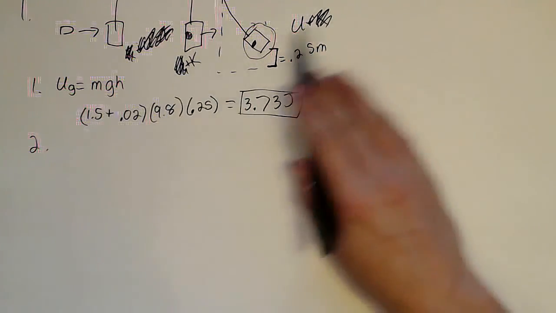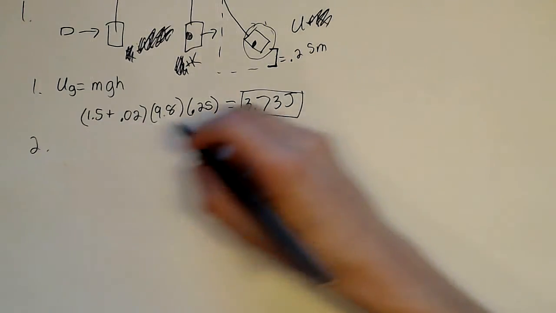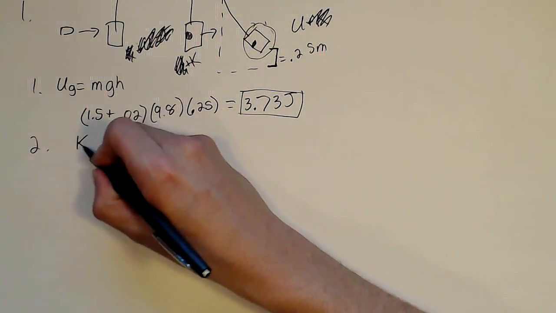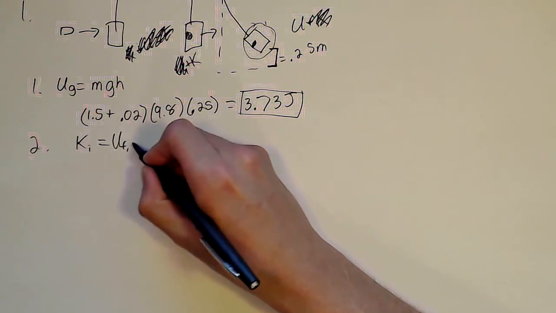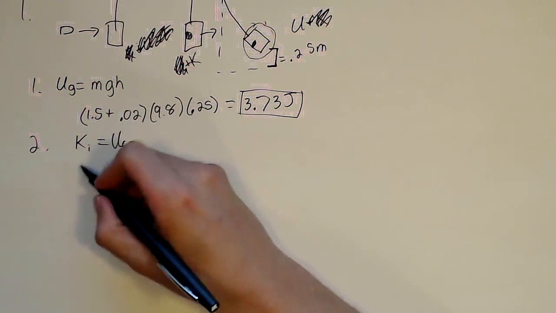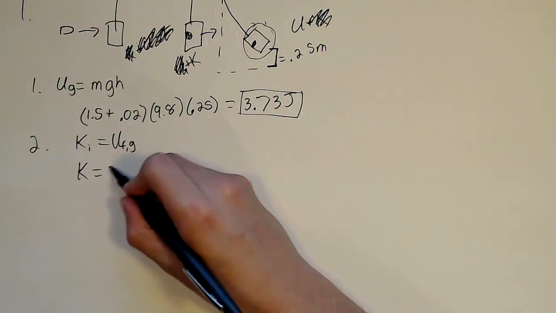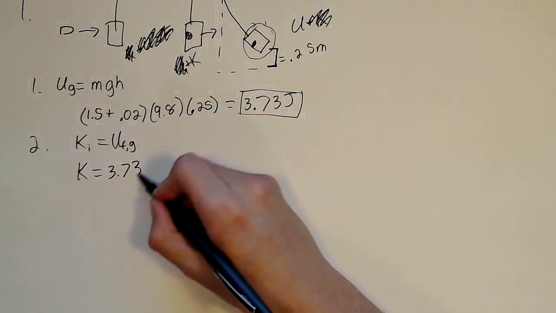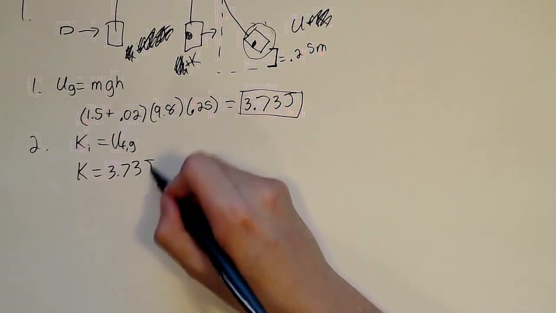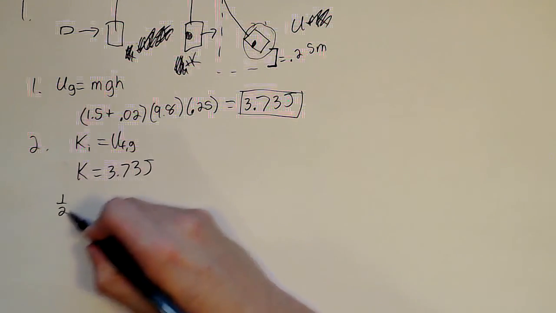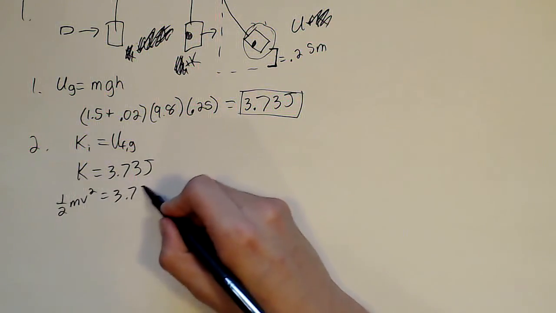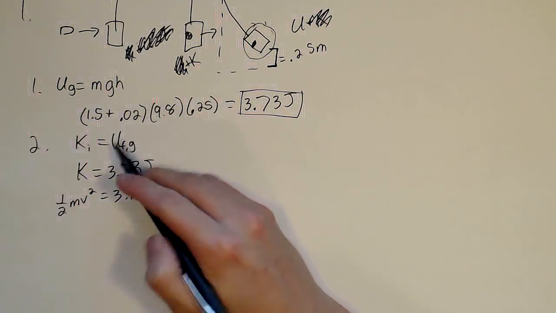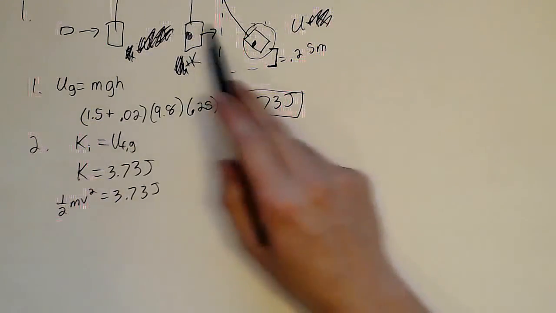And since these two sums are equal, that means we can set the initial kinetic energy equal to the final gravitational potential, which we just calculated. So our initial kinetic energy is equal to 3.73 joules. So 1/2 mv squared equals 3.73 joules. And again, our mass is the mass of the block plus the mass of the bullet.